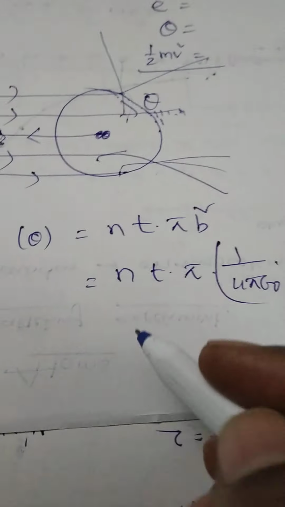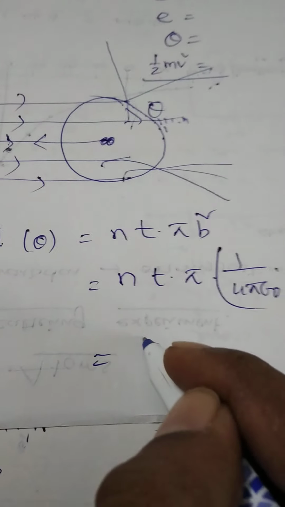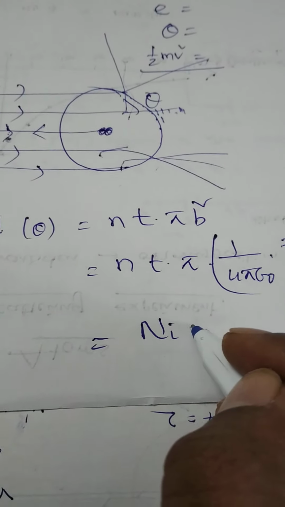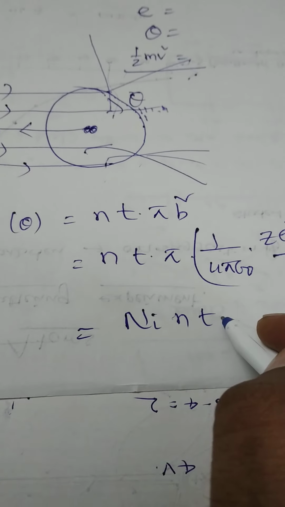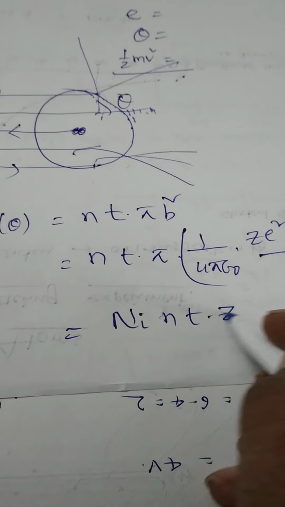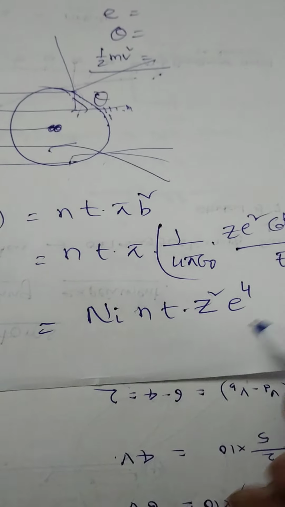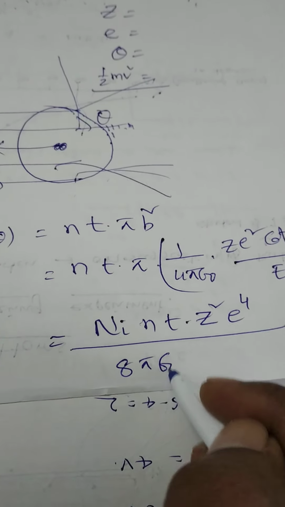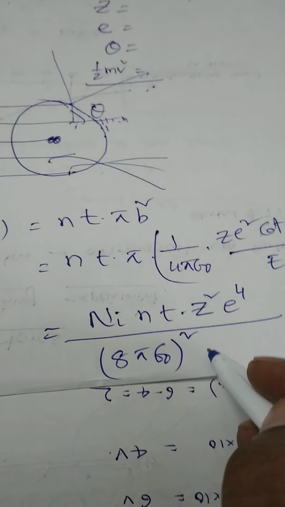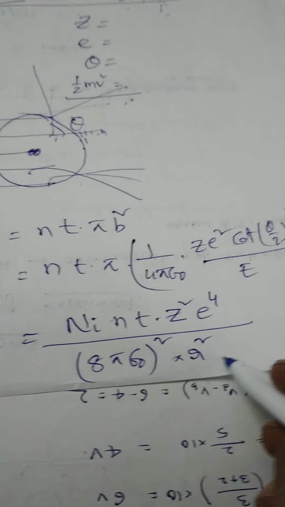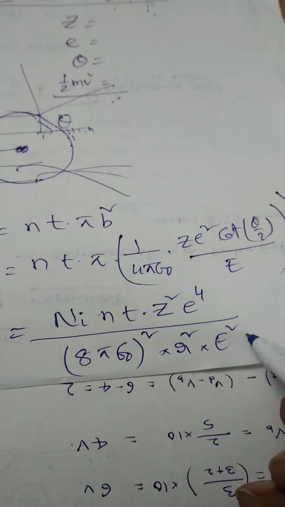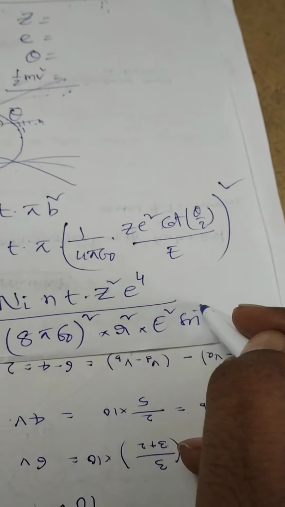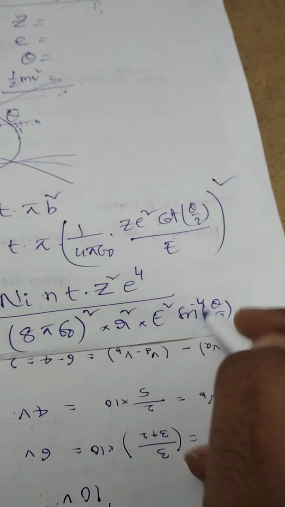After solving this equation, we get the final formula: capital Ni into small n into t into Z square e power 4 by 8 pi epsilon naught whole square into r square into E square into sin power 4 theta by 2.